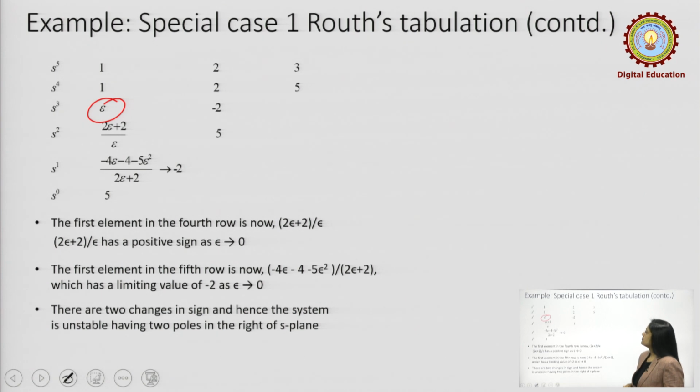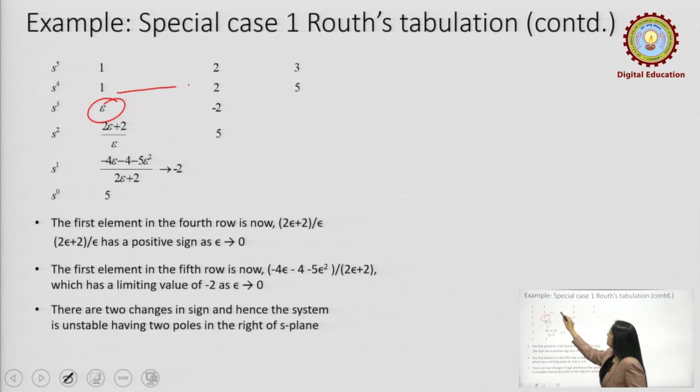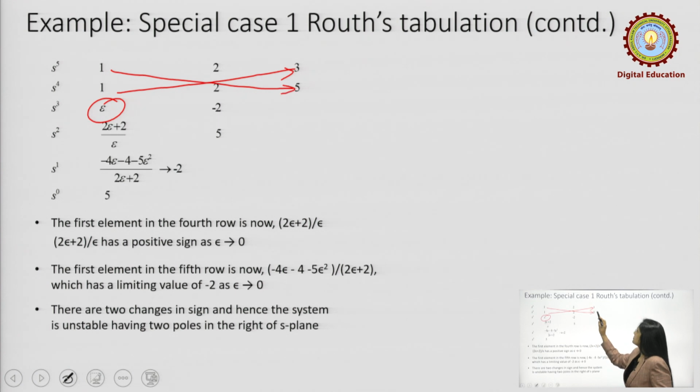Now, what happens if we go ahead? What will be this term? This is directly obtained from 1 into 3 minus 1 into 5 upon 1. So, we get a minus 2 here. This sign is not bothering us because we only have to check the elements of the first column.